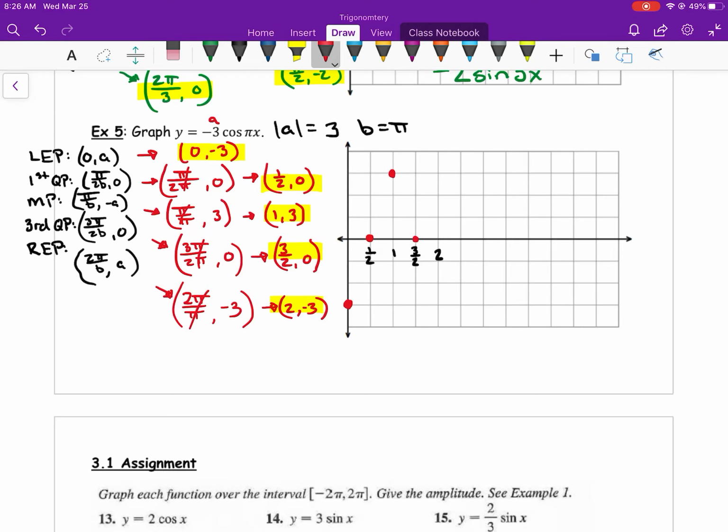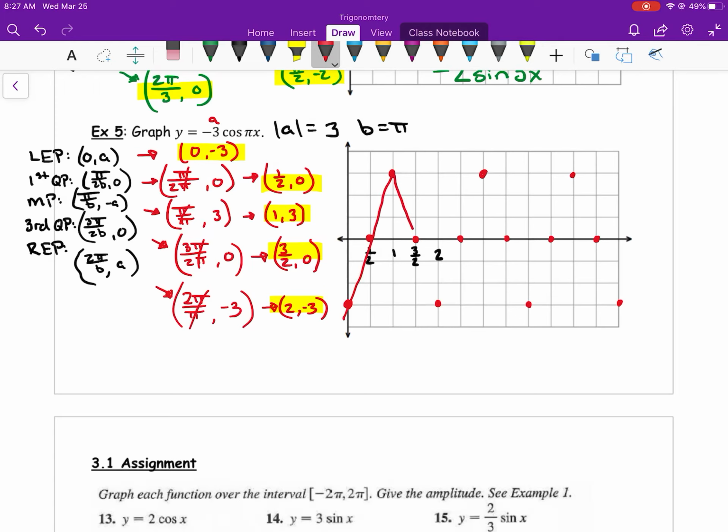We'll come up 3 more. Back down to 3/2, and then down to negative 3 at 2. So to repeat the pattern, up 3, up 3, down 3, down 3, up 3, up 3, down 3, down 3.